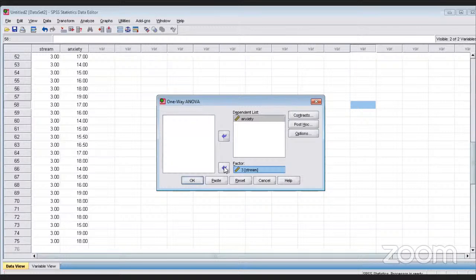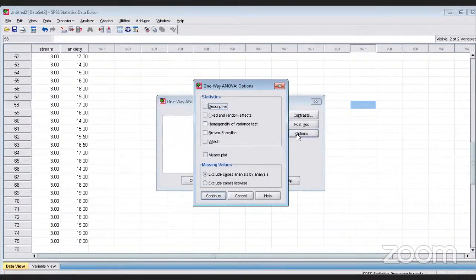And now you go to options. And in the option, if you want descriptives, you can highlight it.